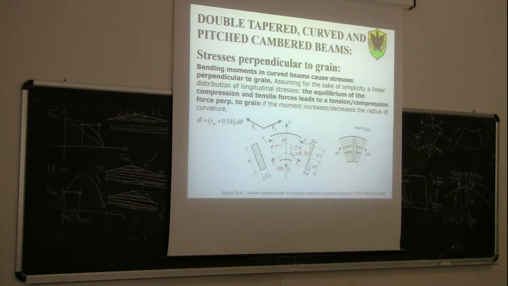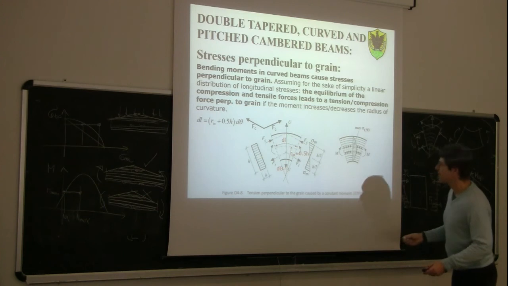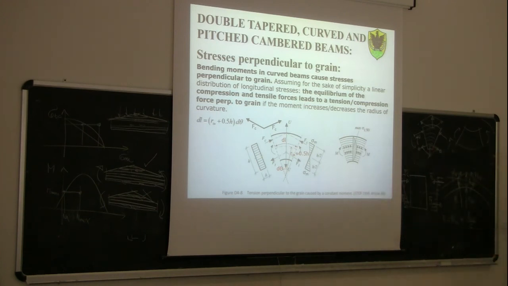So in the end, if the bending moment that acts on your curved beam tends to straighten the curved beam, to increase the radius, then we are sure that we will have some tension perpendicular to the grain. If instead the bending moment tends to curve further, to bend further the curved beam, then we have compression perpendicular to the grain.